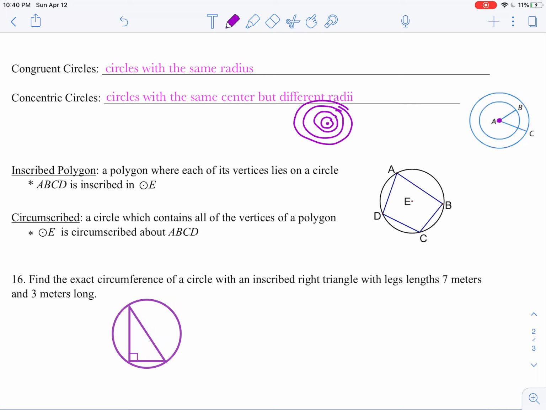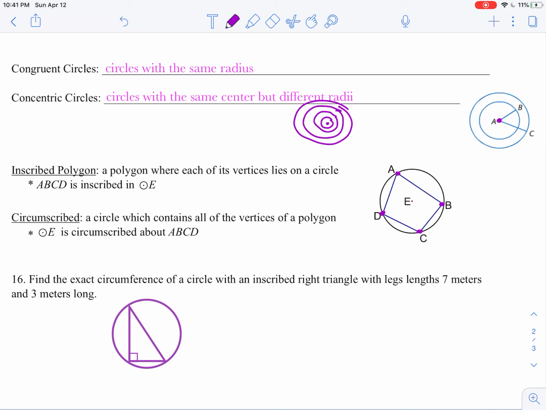And then the last 2 terms sort of go hand in hand as well: an inscribed polygon and a circumscribed polygon. An inscribed polygon fits inside of another shape so that each of its vertices lies on the outside shape. Here we have a quadrilateral, ABCD, that's inscribed in a circle.